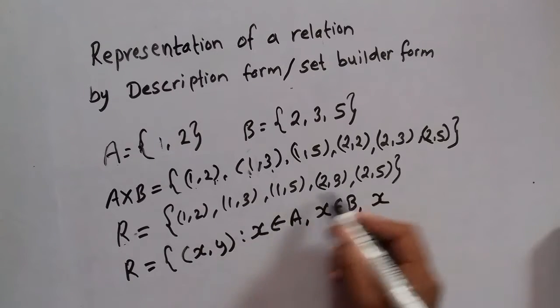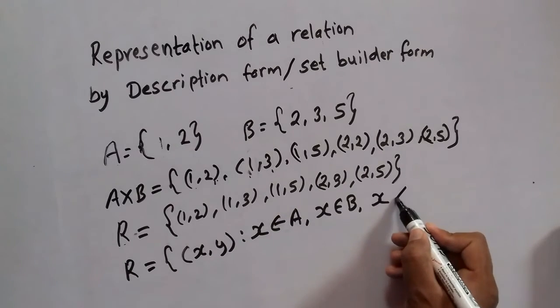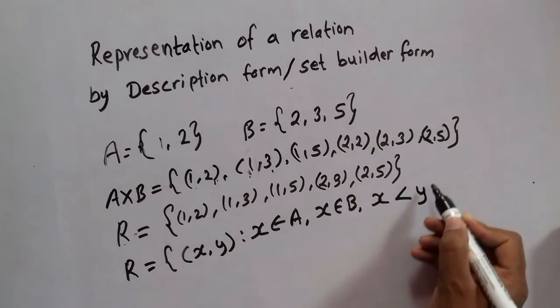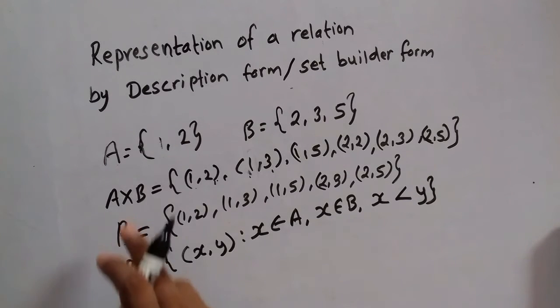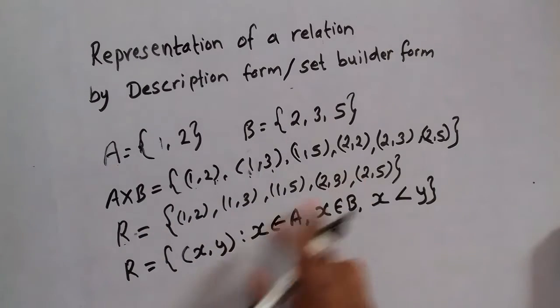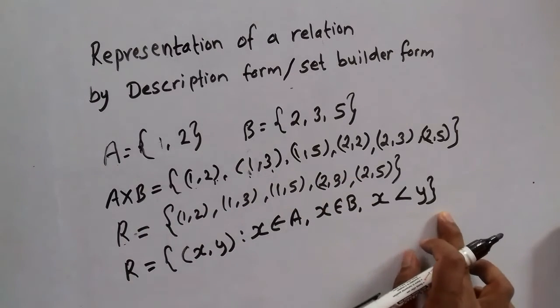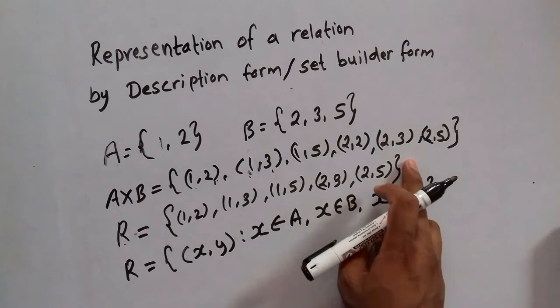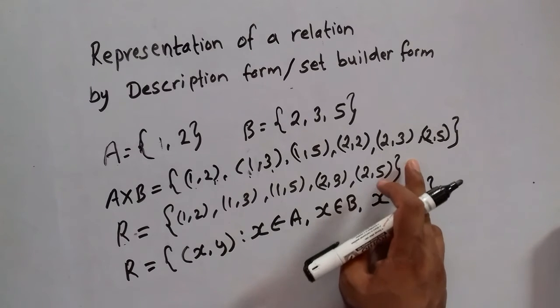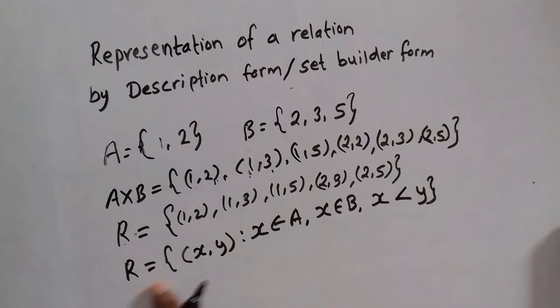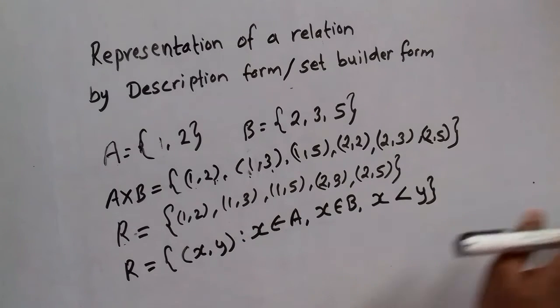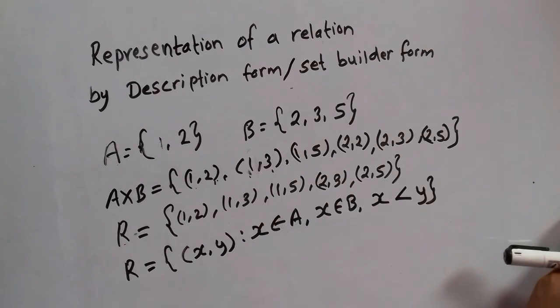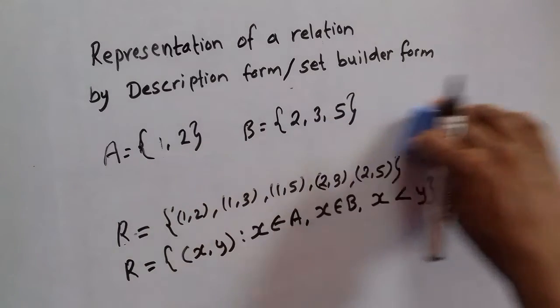Here we have formed this relation under the condition x is less than y. So this is the representation of this relation in set builder form. This is in set of order pair form or in roster form, and this is in the form of description.